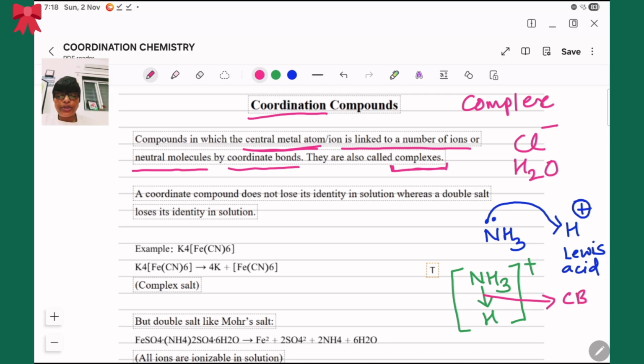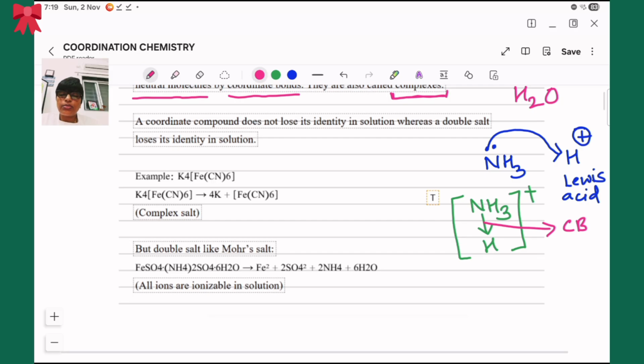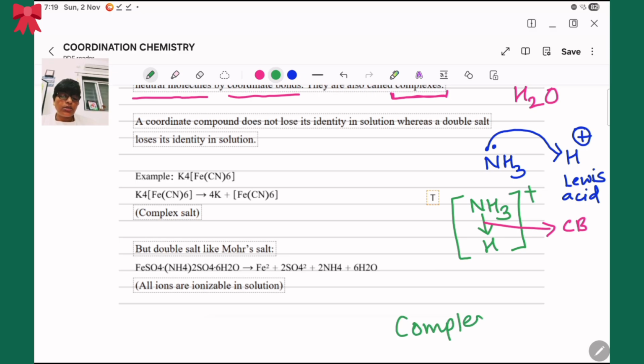The most important point is that a coordination compound does not lose its identity in solution, whereas a double salt loses its identity in solution. We should not get confused between a double salt and a complex salt or coordination compound. Complex salt is nothing but a coordination compound.